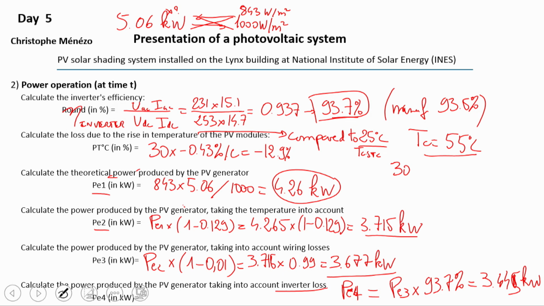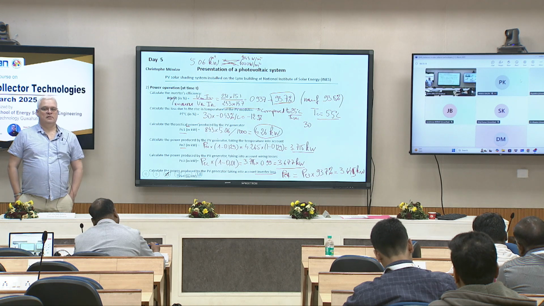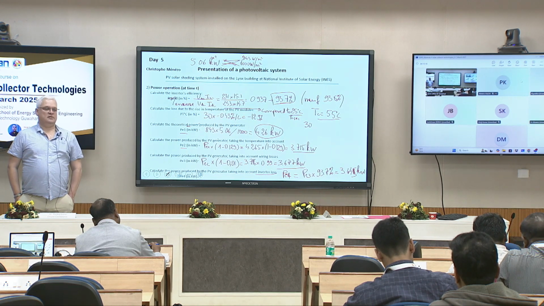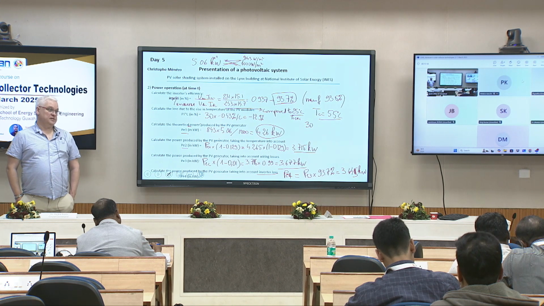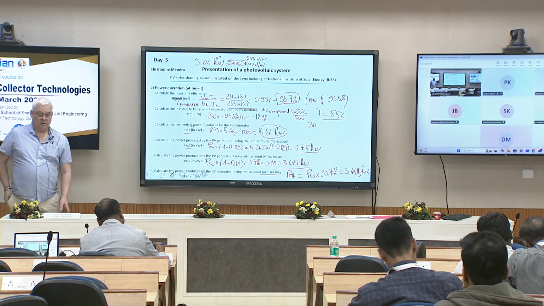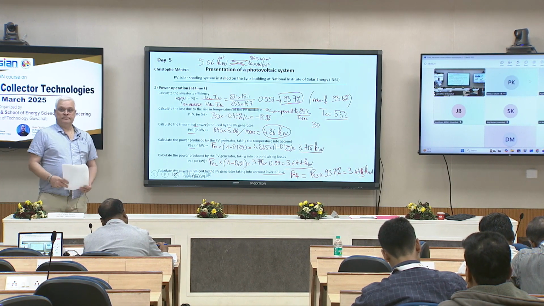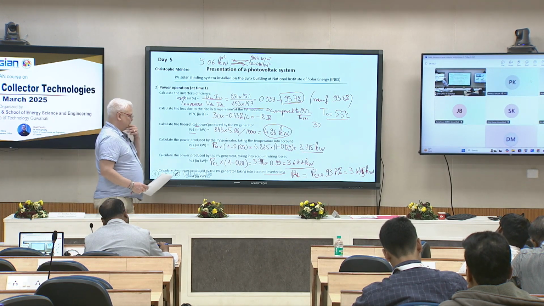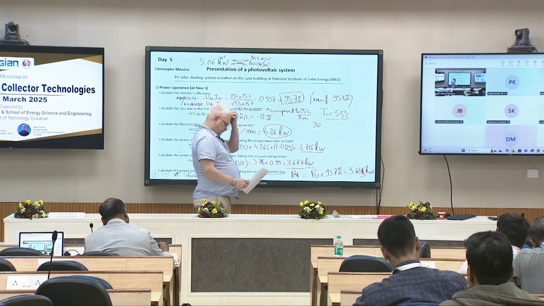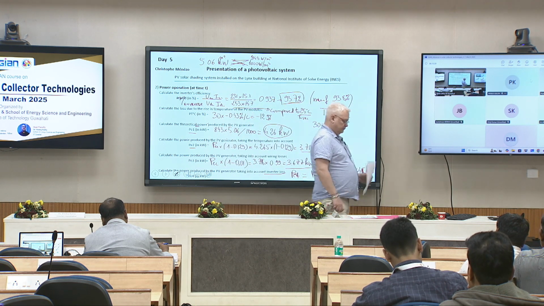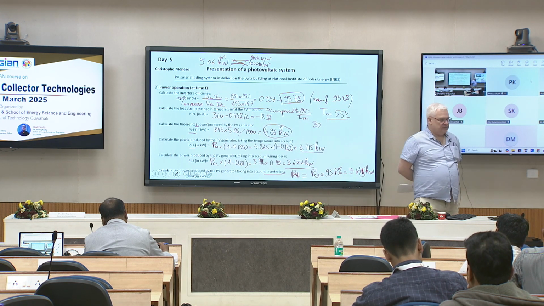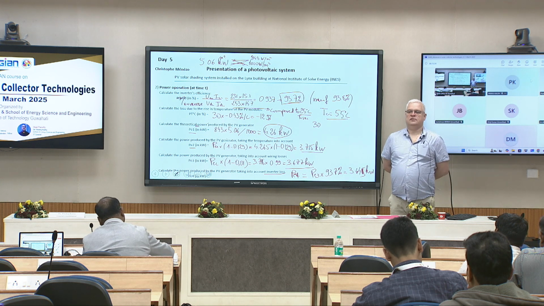I give you an assumption about 1% of loss due to cable, but there is one mean to check if this assumption is good or there is a problem. So what is this way to check?